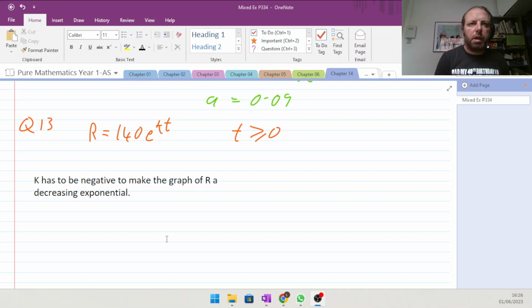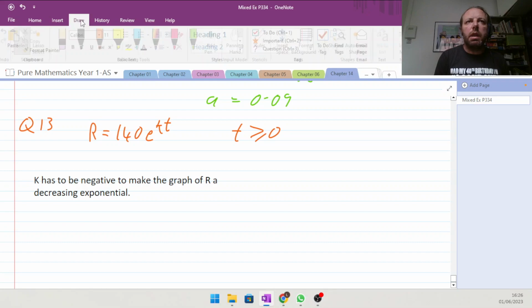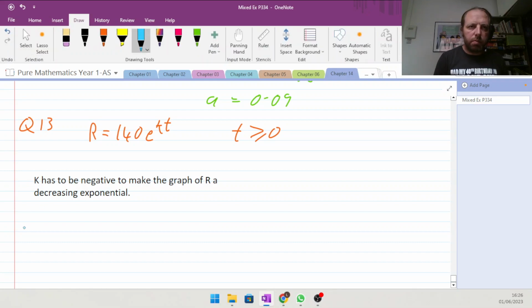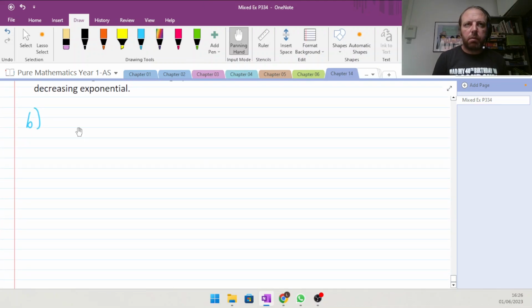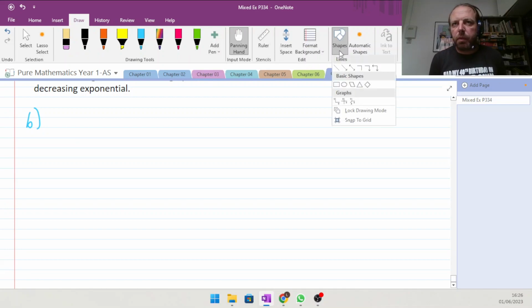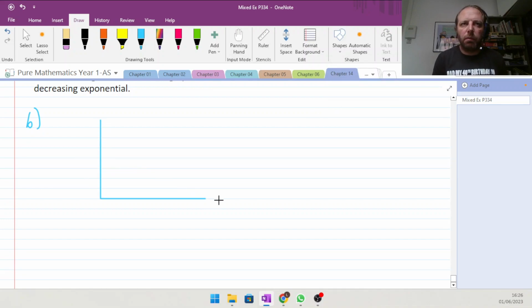Okay, so part B then, they are asking us to sketch the graph of R against t. Well, since we've just had it open on Desmos, that's going to be straightforward to us. But it's a decay graph. Something like that.